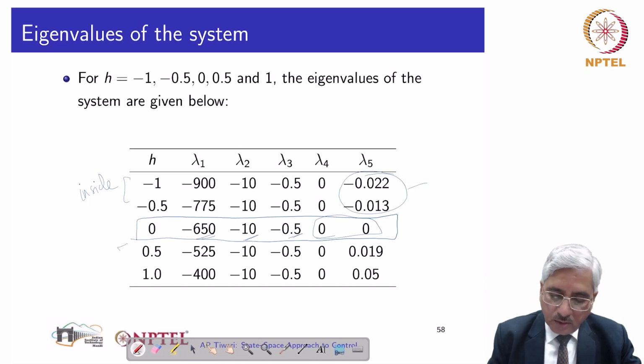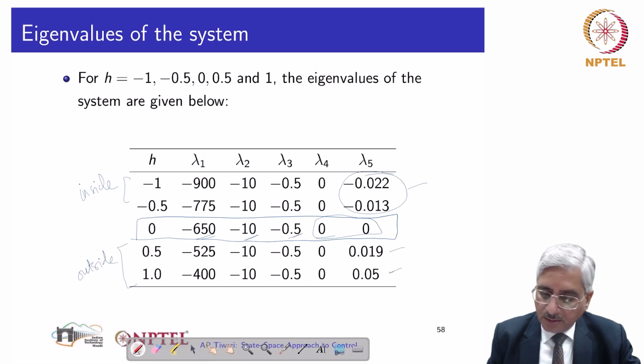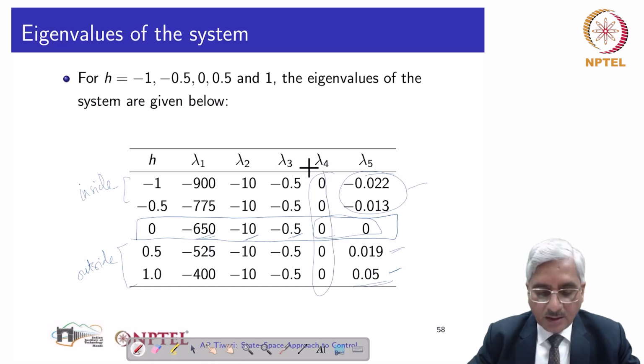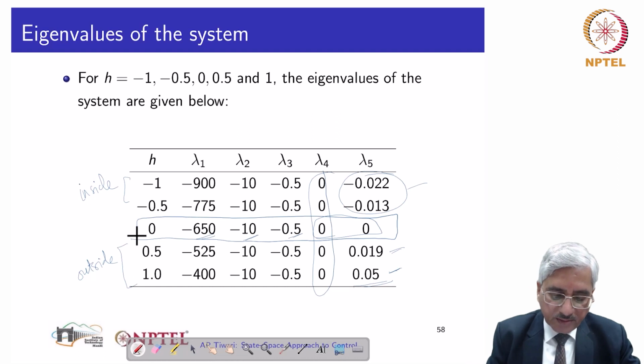And if we see the control rod motion outside the core, one of the eigenvalues, rather both, have become positive. One of the eigenvalues becomes positive, and this one always remains at 0. So this is the characteristic as regards the eigenvalues at equilibrium. This is the situation which I have shown in the box.